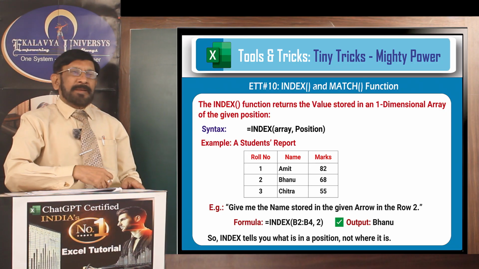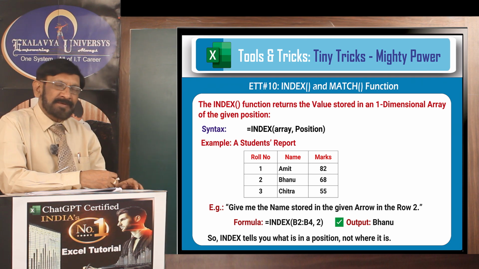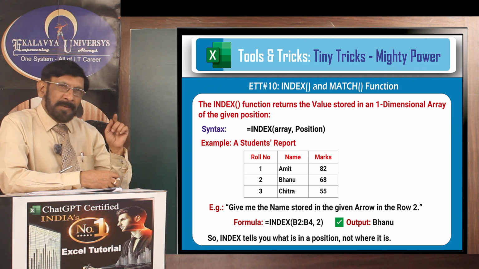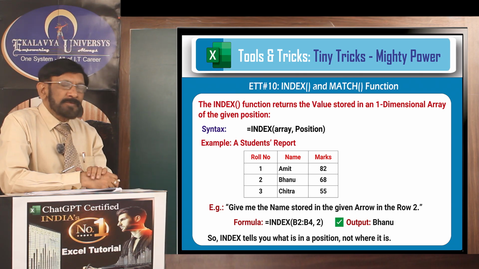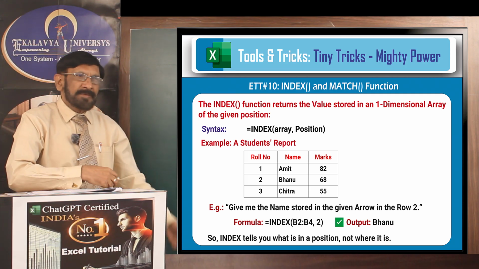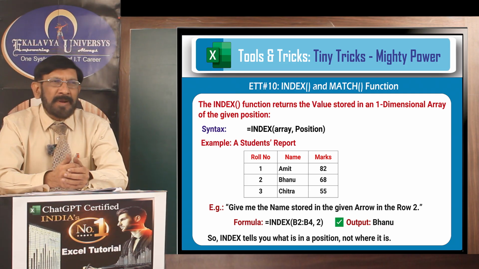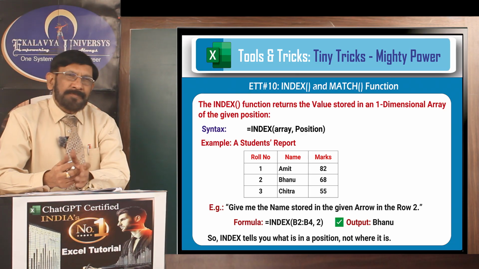After creating the memory hook, let us understand the syntax of the INDEX function. What is the memory hook? PV. You give P, meaning position, and get the value. Syntax is very important. Here one table I have given, you see that. In the table you can find the roll number, those are positions, the name and marks. Two arrays are there.